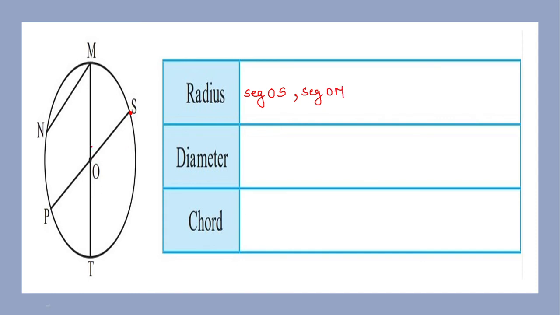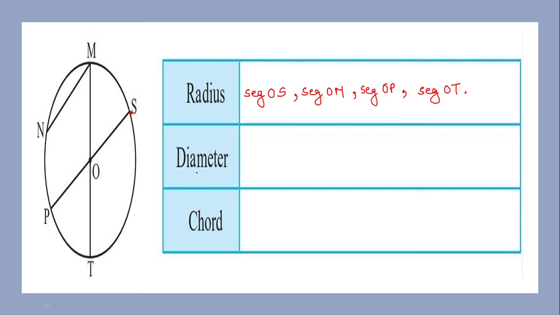Because see, O is center, M is a point on the circle. Then next we can write segment OP. Why? Because O is the center, P is the point on the circle. And in the similar fashion, we can write about segment OT also. Why? Because again O is the center and T is the point on the circle.